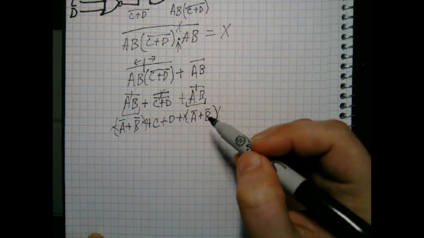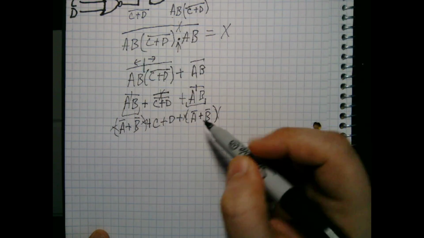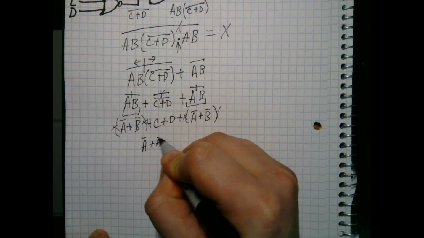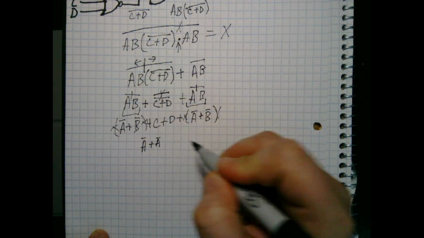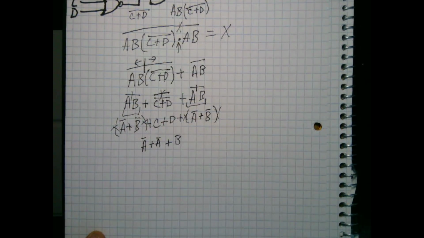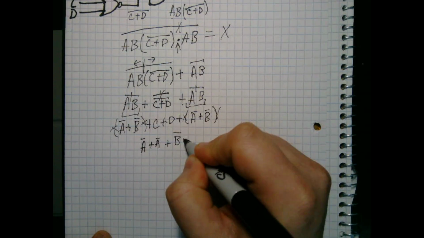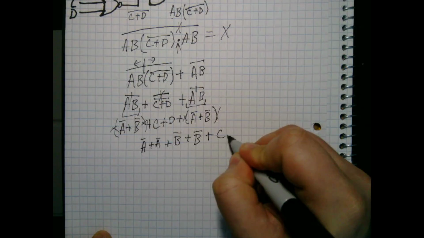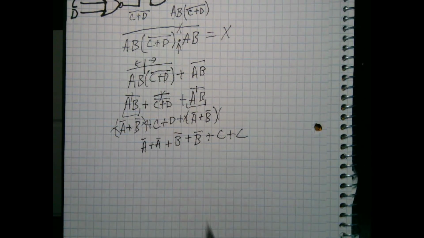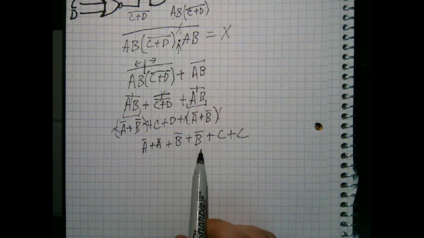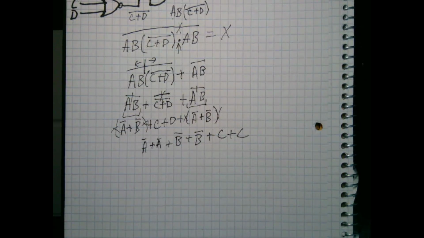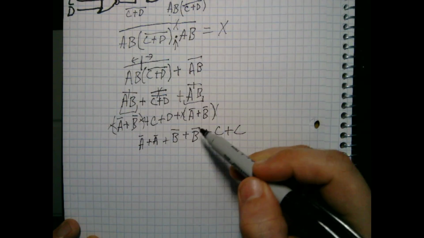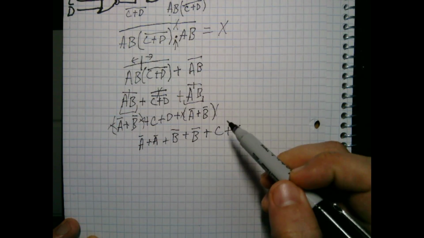But what we can do is then rearrange these. I'm going to go ahead and rearrange them just to visually show what I'm talking about here. I've grouped the not A's and the not B's together because I want to visually show that because of the associative property, we can OR whatever we want first.